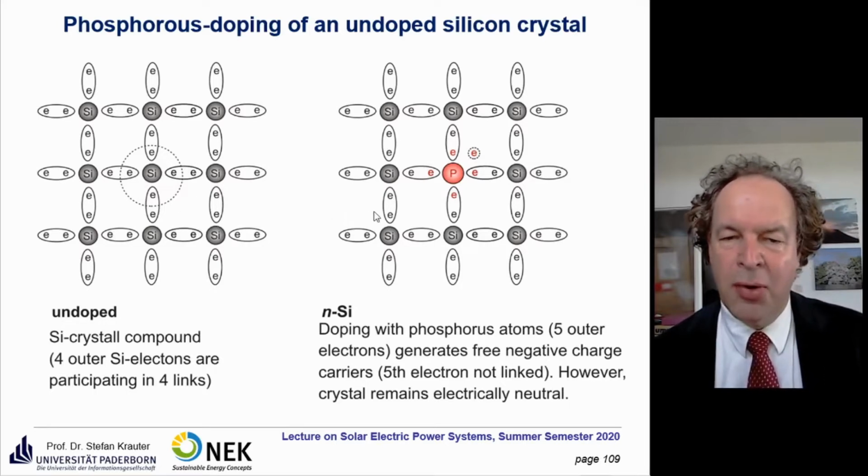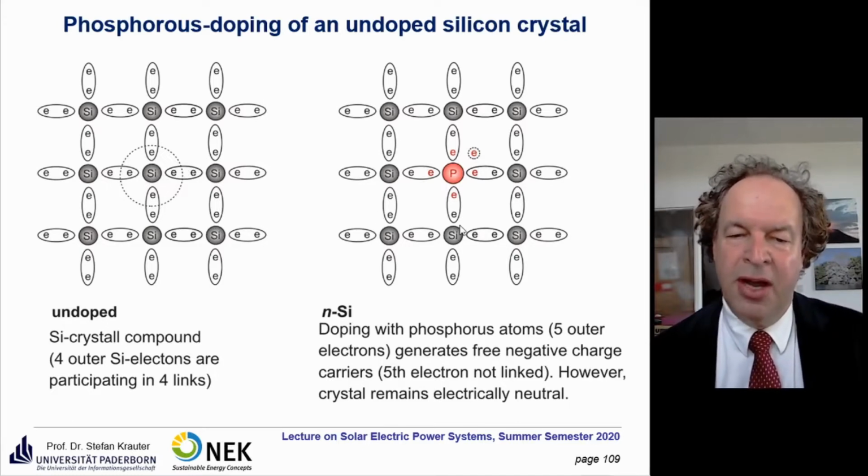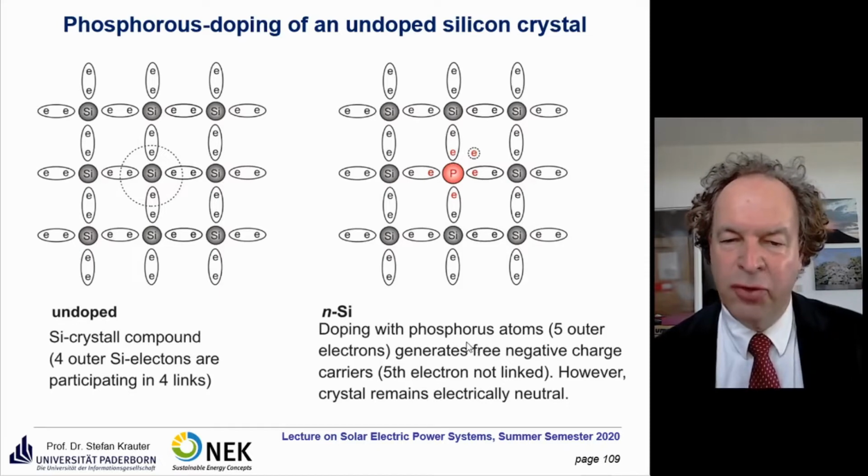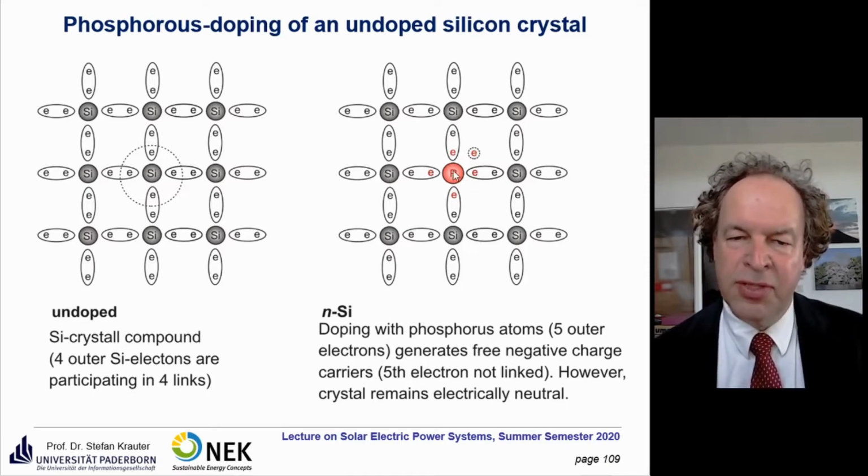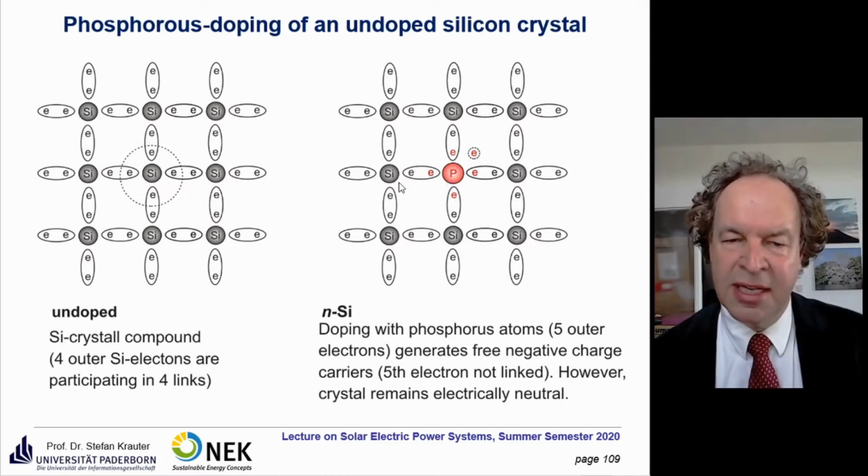What we do now, we put other atoms in here. For example, here we apply phosphorus atoms. The phosphorus atoms don't have 4 outer electrons as the silicon atoms. They have 5 outer electrons, and the 4 electrons which are linked to the neighboring silicon atoms are pretty stable there.